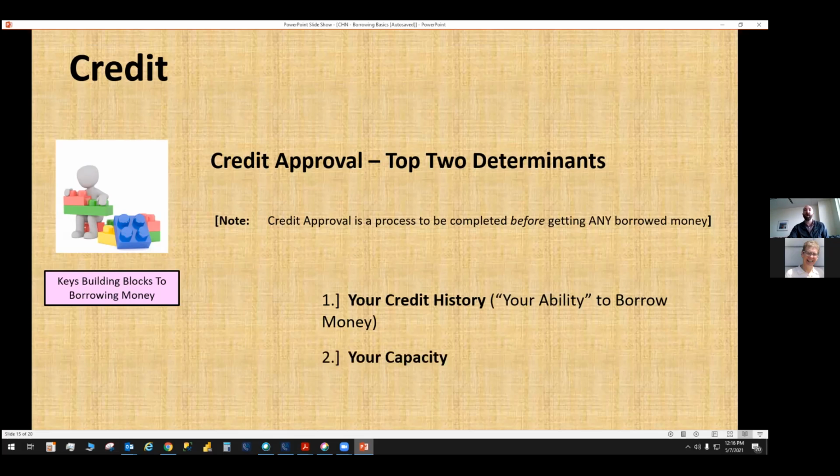And we'll talk about that. The other thing they look at when determining eligibility is your capacity. So they look at two things: your credit history and your capacity, where your capacity is sort of like your ability to repay over time. Your credit history is how well you have managed the debt you've already had.